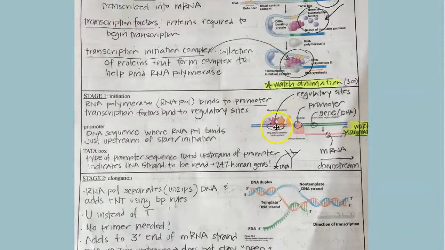Now there's also, just upstream of that, a bunch of regulatory sequences. Some of those are actually going to be quite upstream. They're shown here. They're called enhancer regions, and they're actually all just DNA sequences. Just to note, those enhancer regions are where some of the transcription factors are going to bind.